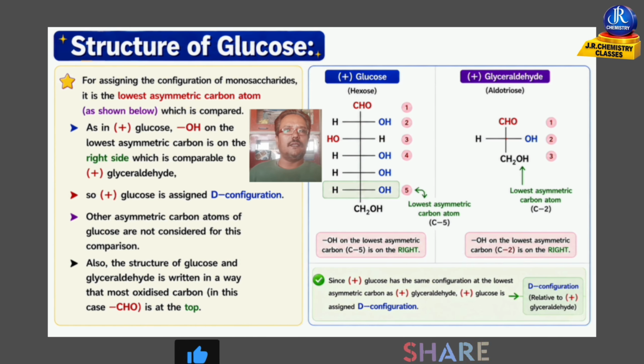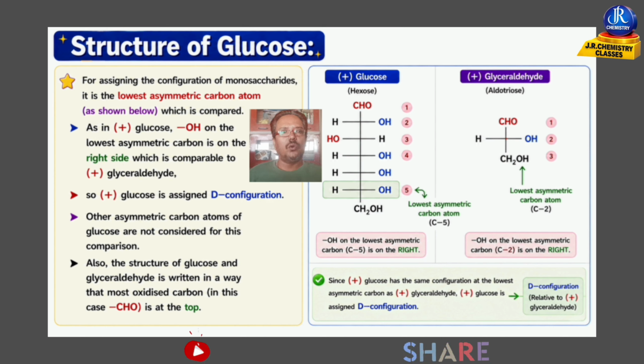For assigning the configuration of monosaccharides, it is the lowest asymmetric carbon atom which is compared. As in plus glucose, the —OH on the lowest asymmetric carbon is on the right side, which is comparable to plus glyceraldehyde.